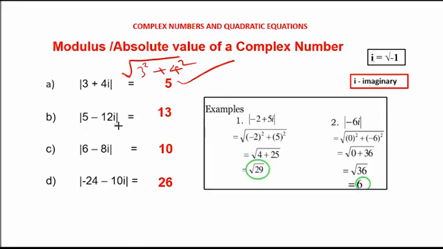Similarly, modulus of 5 minus 12i is equal to root of 5 square plus 12 square, 25 plus 144, which gives 169, gives 13. And modulus of 6 minus 8i is equal to root of 36 plus 64, that is 100. Square root of 100 is nothing but 10. Similarly, square root of 24 square plus 10 square gives 26.